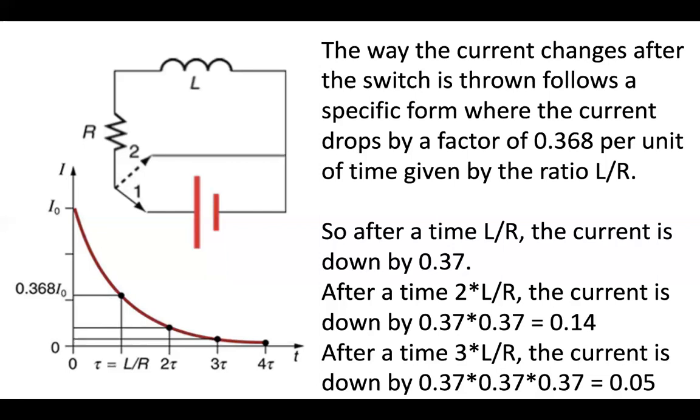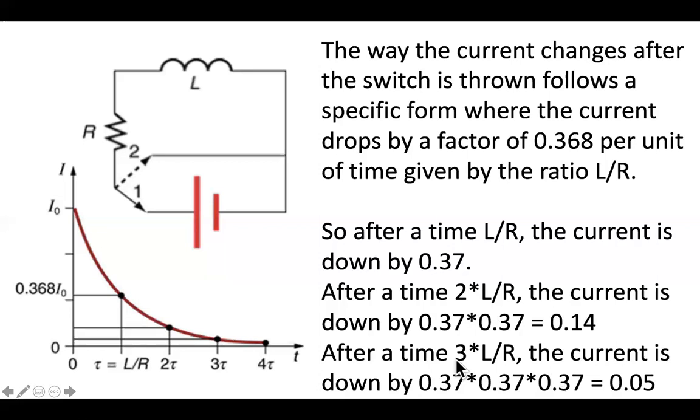After another time, so we're now at time 2 tau, it's dropped by another factor of 0.37. So the current has dropped by 0.37 times 0.37, or 0.14. After another time, it's 0.37 times 0.37 times 0.37, which is about 0.05.